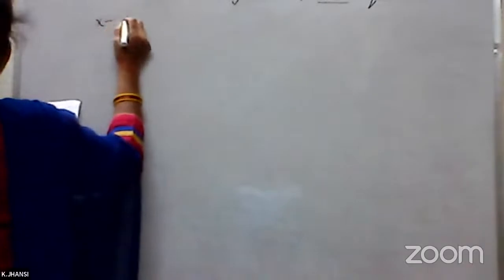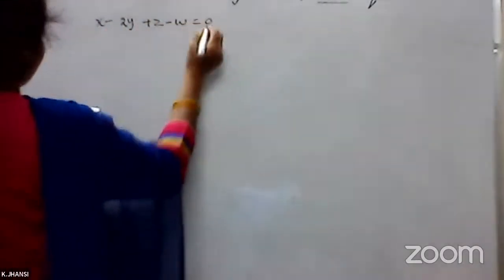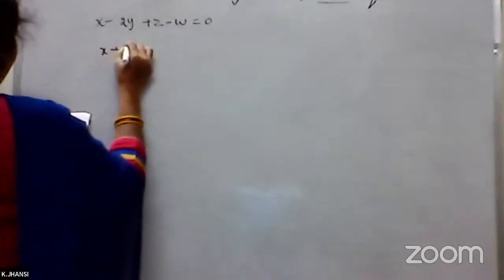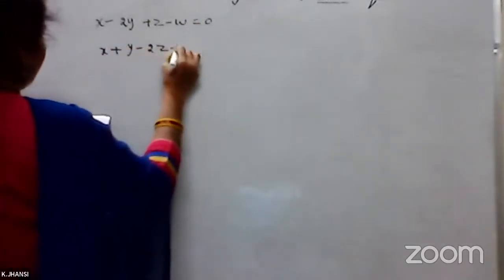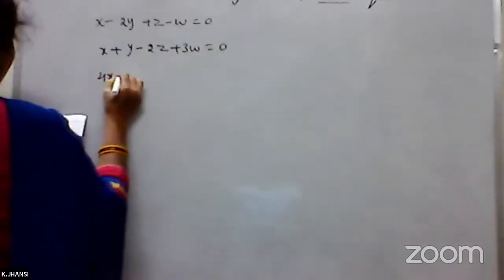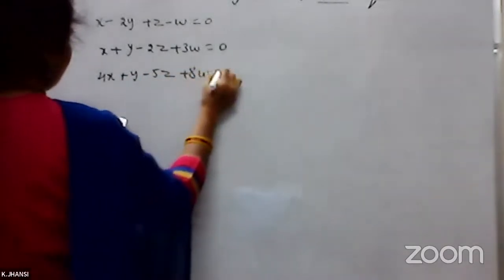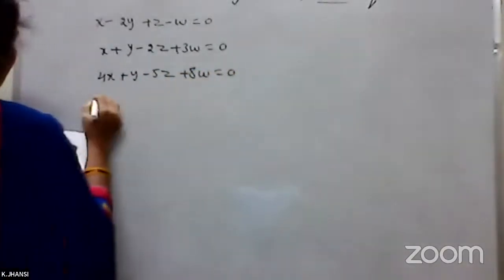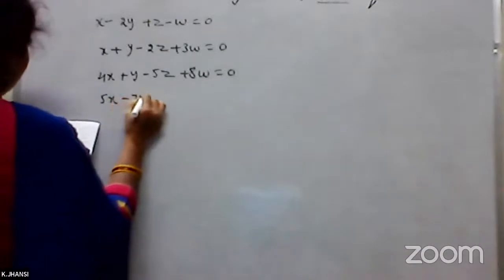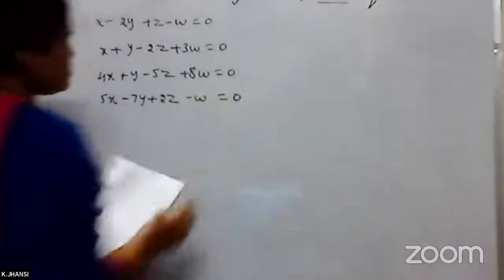You can see one problem here. The linear equations are x minus 2y plus z minus w equals 0, x plus y minus 2z plus 3w equals 0, 4x plus y minus 5z, and 5x minus 7y plus 2z minus w equals 0.